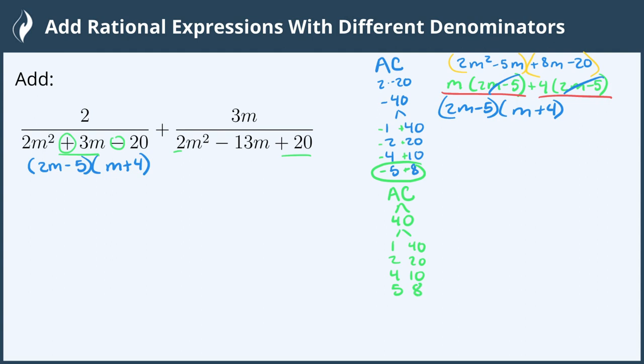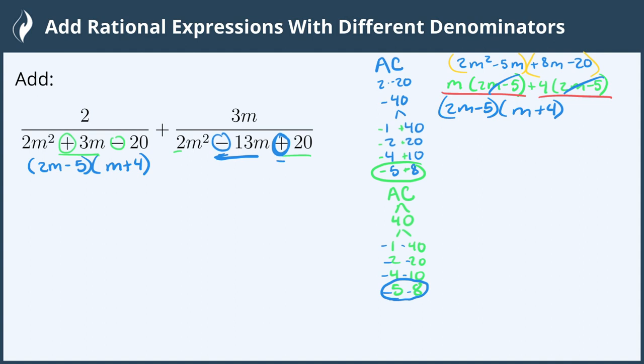However, the signs are a little different. We have positive and negative. Positive here tells us that they will be the same, and they will both be negative, because the first one is negative. So fill all of these in with negatives, and we're looking for a combination to give us negative 13. And negative 5, negative 8 added together gives us negative 13.